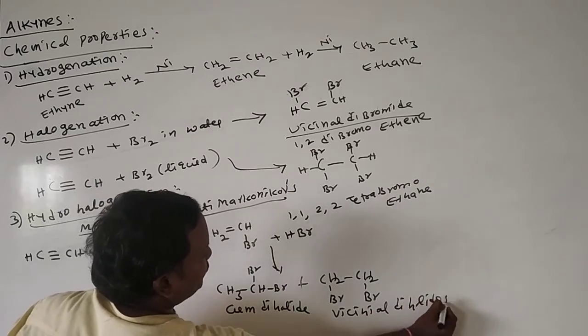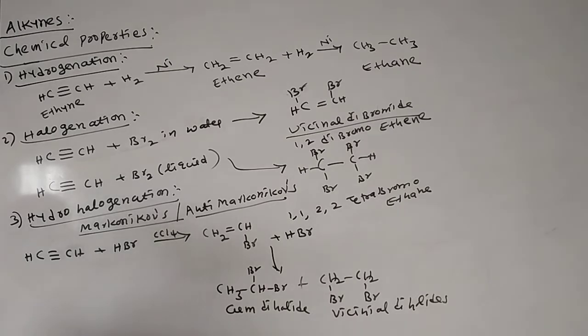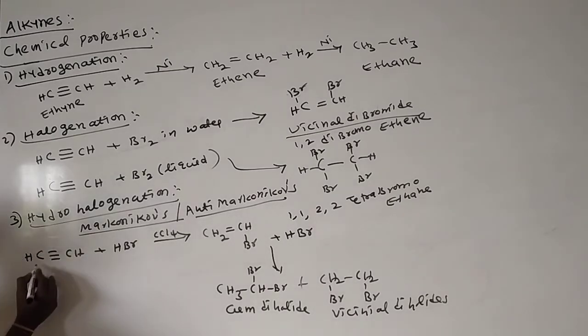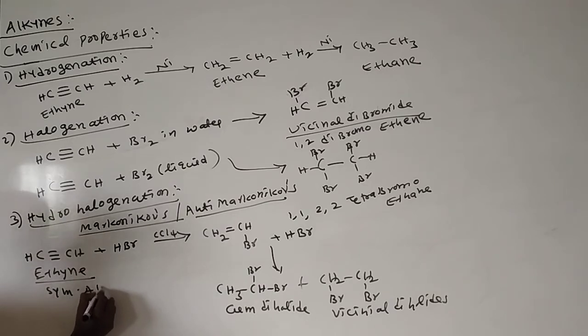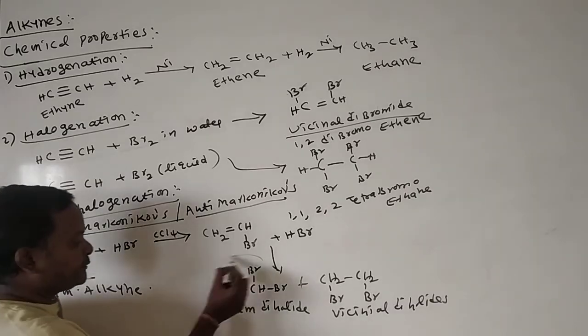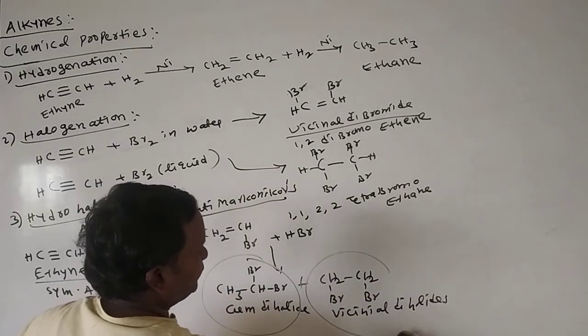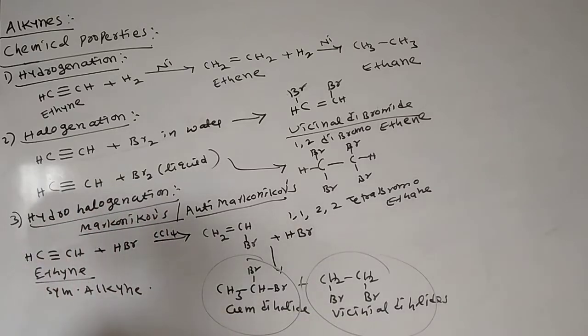Two types of compounds are formed by hydrohalogenation of a symmetrical alkyne: gem dihalides and vicinal dihalides. This is about hydrohalogenation in symmetrical alkynes.